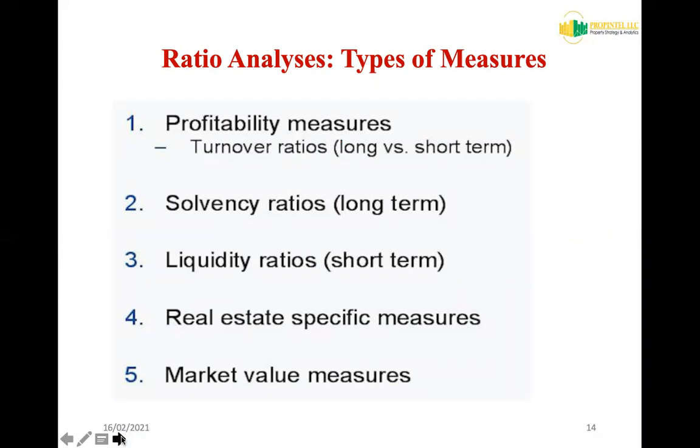You'll also come across financial ratios that measure the solvency of a company. You also find financial ratios that measure the liquidity of a company. And then there will be real estate specific measures for those of you who are interested in real estate investments. And then there are market value measures for general investments.